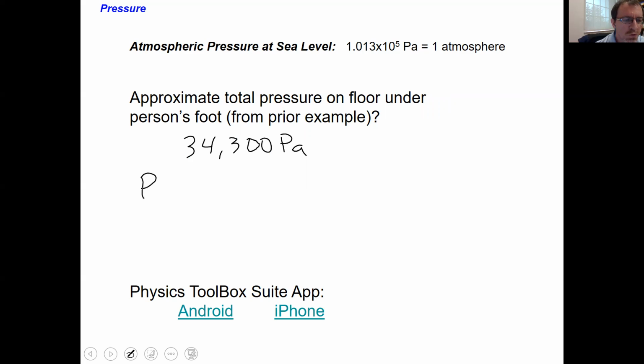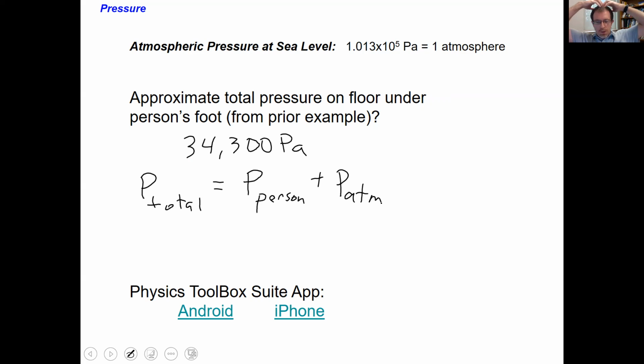But if I were also to consider the contribution due to the fact that they're standing in some atmosphere, maybe at sea level, then the total pressure would be equal to the pressure that the person exerts on the floor plus the pressure due to the atmosphere. Say, there's air pressure pushing down on the person's head. So that's all going to add together.